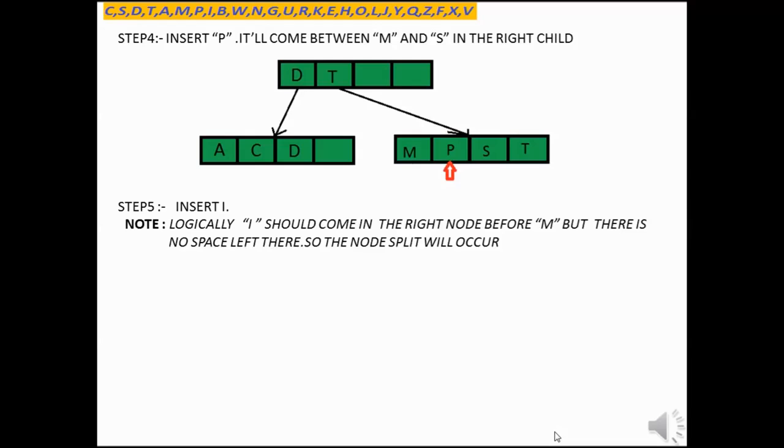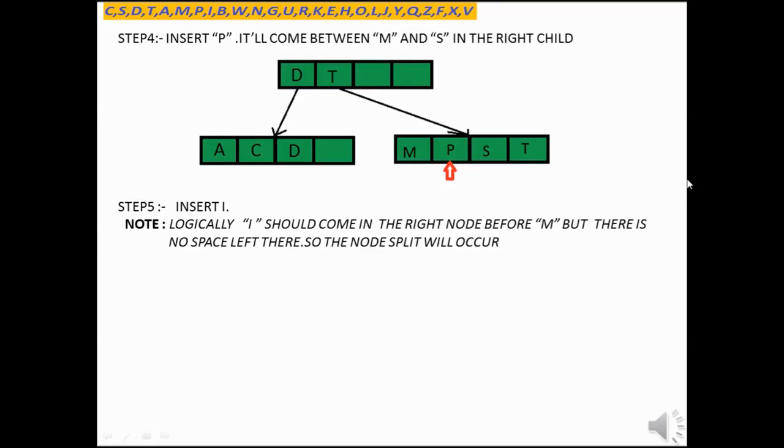Because I is less than T and greater than D, so it has to be accommodated in the node pointed by the T. But the point is that this node is already full. It already contains the 4 elements M, P, S and T. There is no space in it. So there is the requirement of the node split.